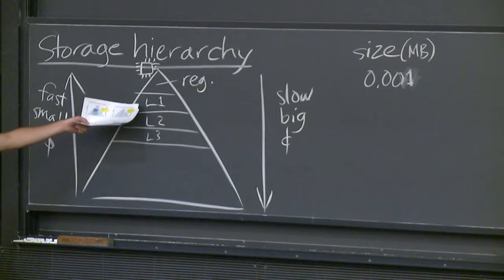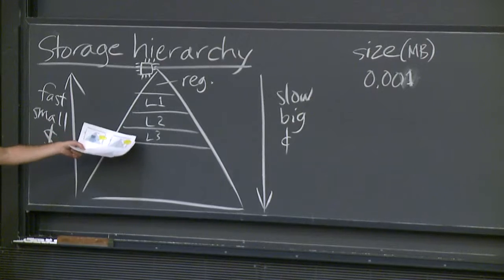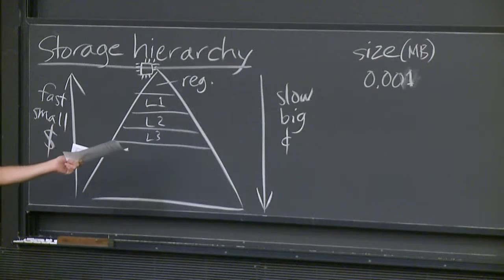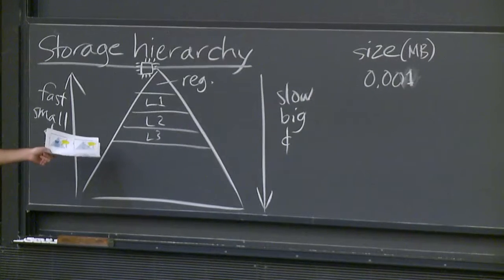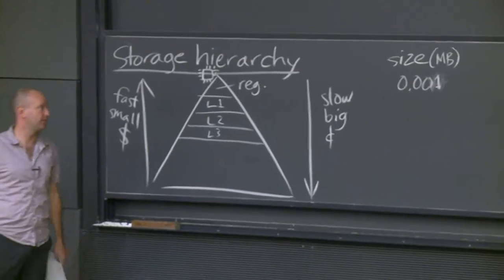So the level 1 cache is the closest cache to the processor, and so accessing it is the cheapest. The level 2 and level 3 caches are a little farther away, but they're bigger. So they're less fast to access, but they're larger, which is good.